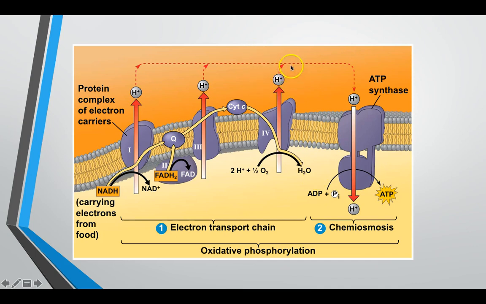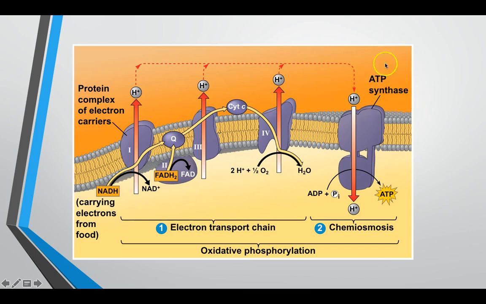So these hydrogen ions, these protons, are going to come back in to the matrix of the mitochondria through a membrane transport protein. This membrane transport protein just so happens to be ATP synthase.